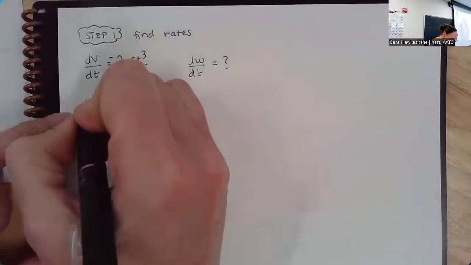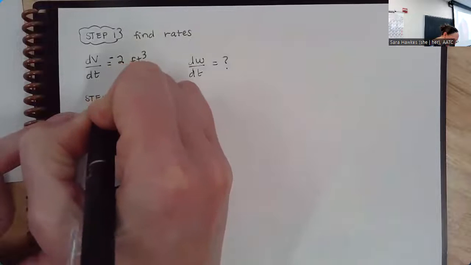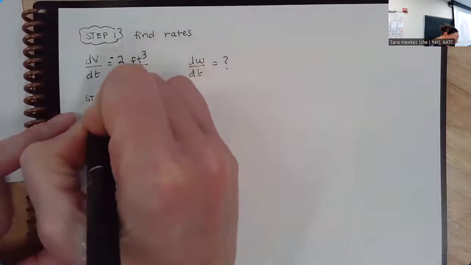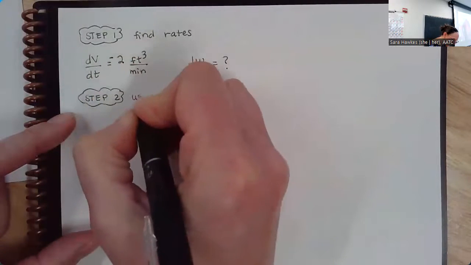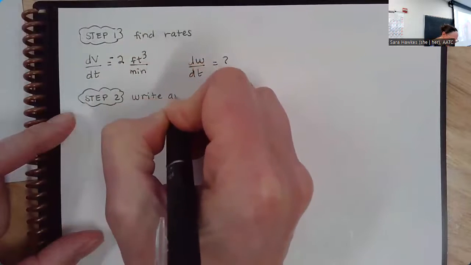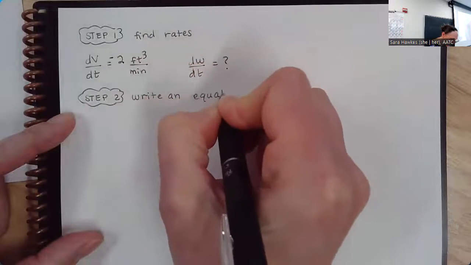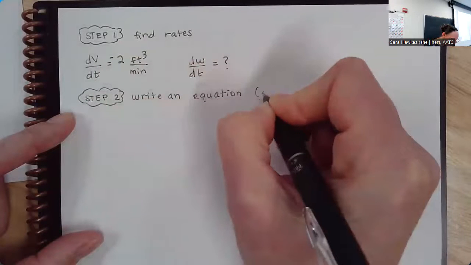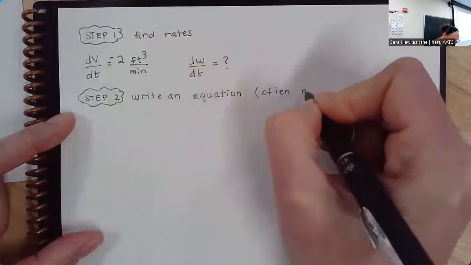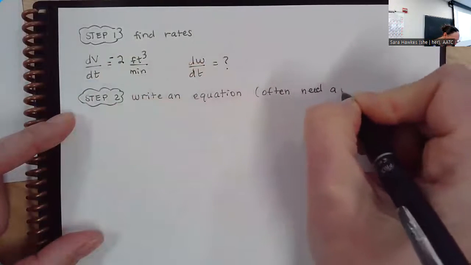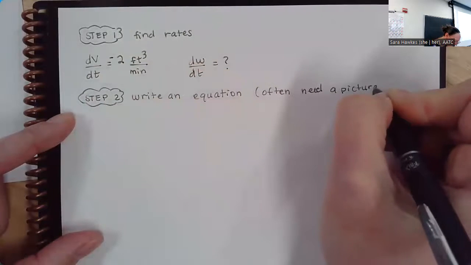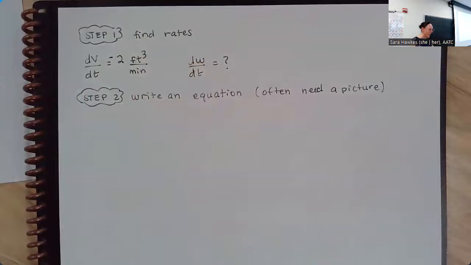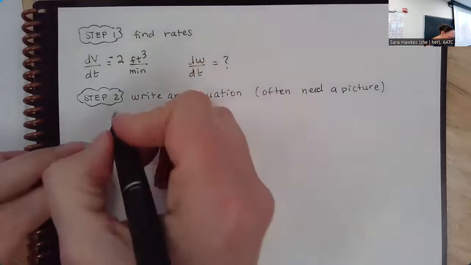So once I've got my rates, the next step is to write an equation. And for me, this step often requires a picture. I was nice. I gave us an equation for the volume of a cone.